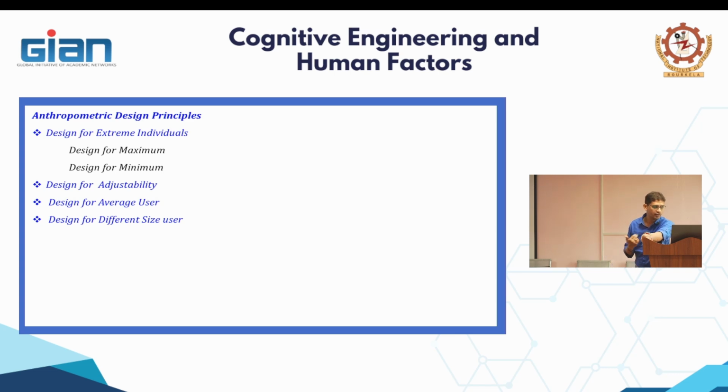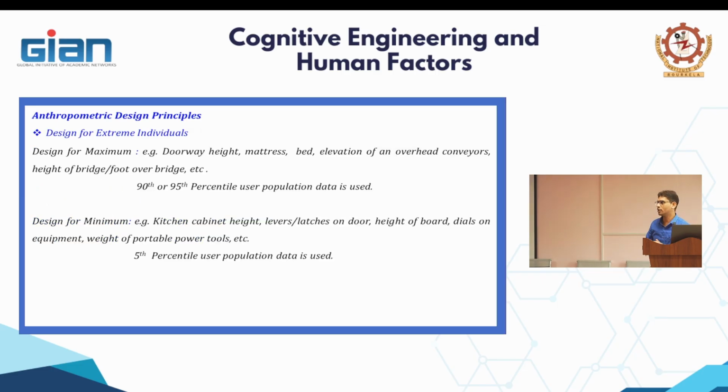Then design for adjustability, design for average user, and design for different size user. When one particular principle fails, then we go for the other one. When that fails, then we move to the next one. What are the dimensions and what are the applications.